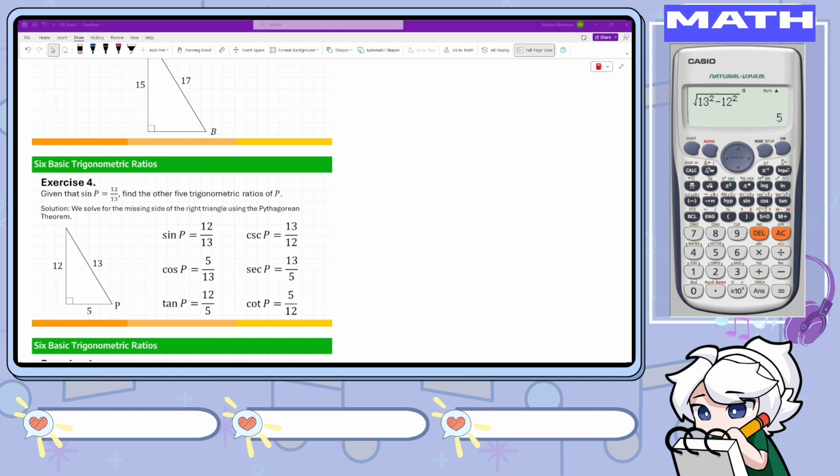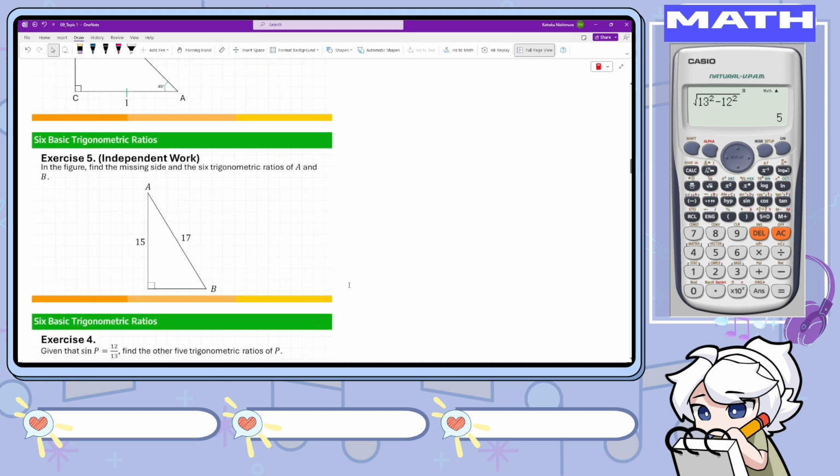With those in mind, let us now have the following. So let's say now you want to work on the 6 trigonometric ratios given a figure.